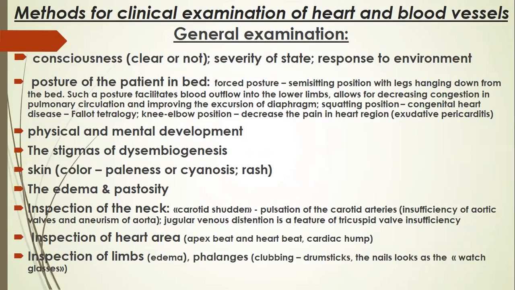General examination begins with the analysis of consciousness, severity of the state, response to environment, posture of the patient in bed, physical and mental development, stigmas of dysembryogenesis, the color of the skin, edema or pastosity, and inspection of the neck, heart area, and limbs.